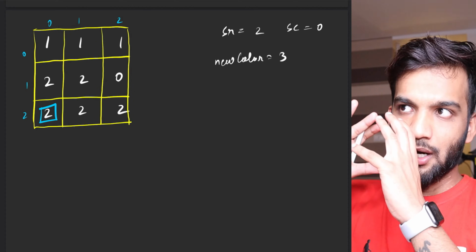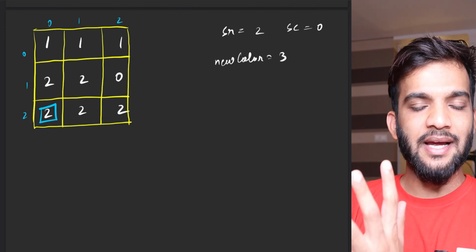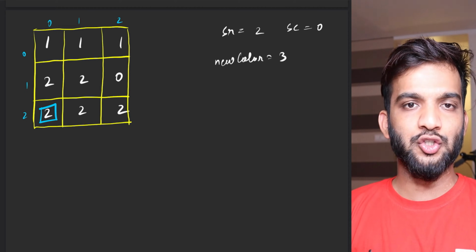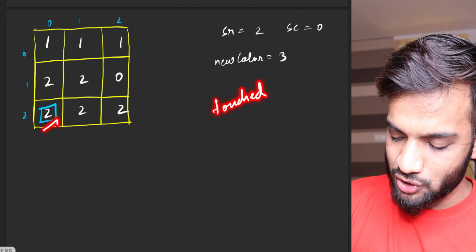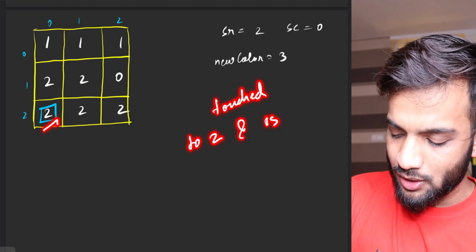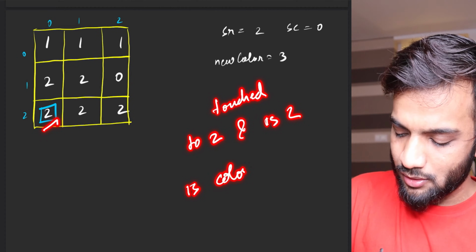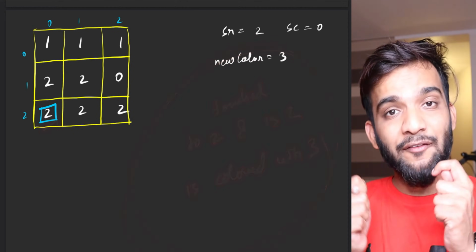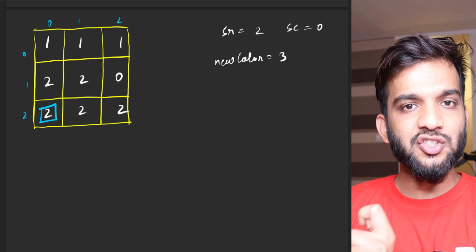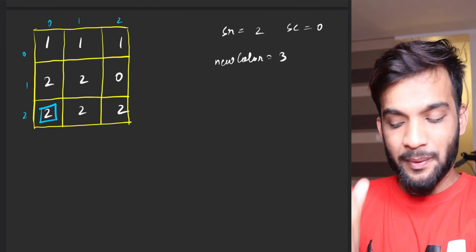So the requirement is we just need to make sure everything that is touched to this 2 and is 2 is colored with 3. That is what you want at the end. Everything that is touched to 2 and is 2 should be colored with the new color 3.